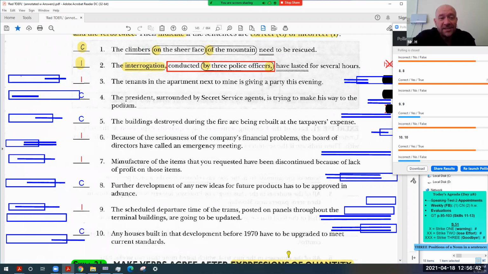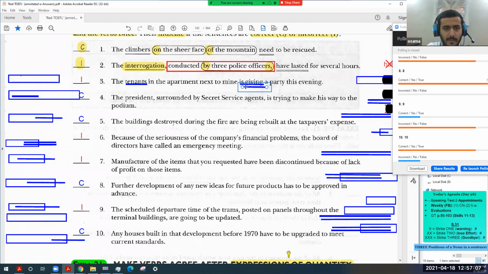Excellent. So now let's start with you, Osama. Find the subject in number 1. Tenant. Okay. Find the verb. Is giving. Okay. Now, do you see any prepositional phrases in this sentence? Yes. Where?